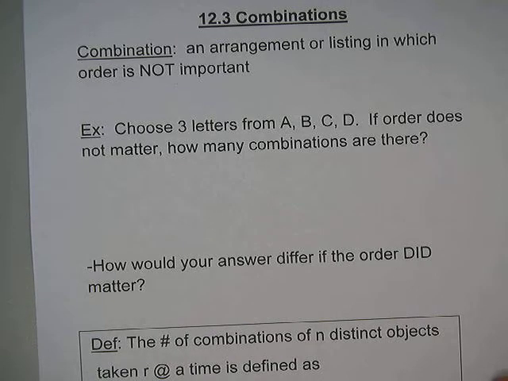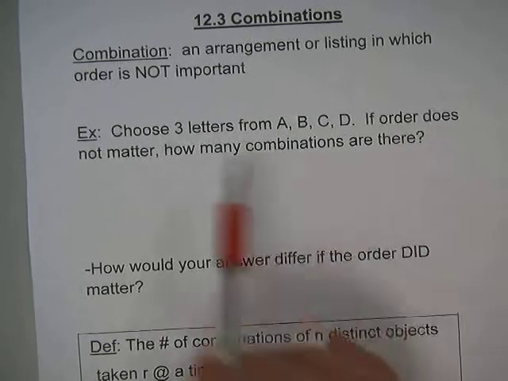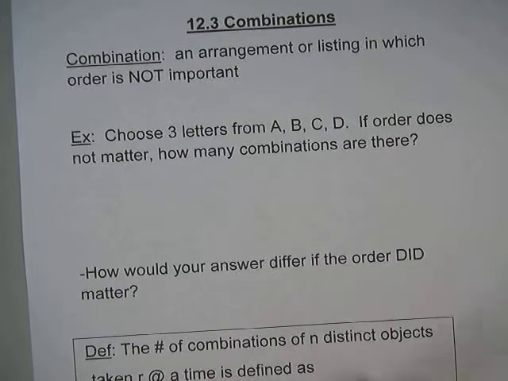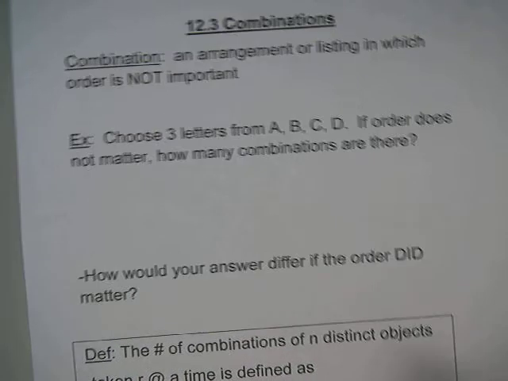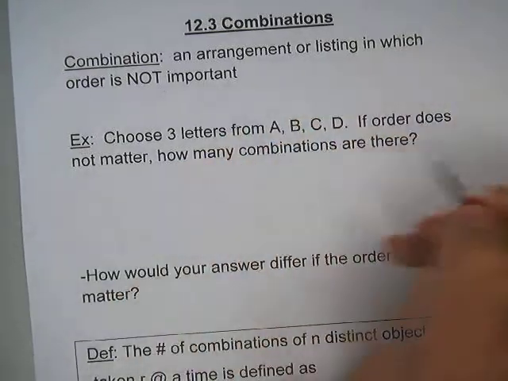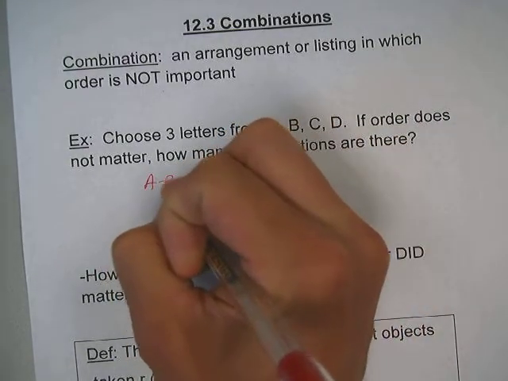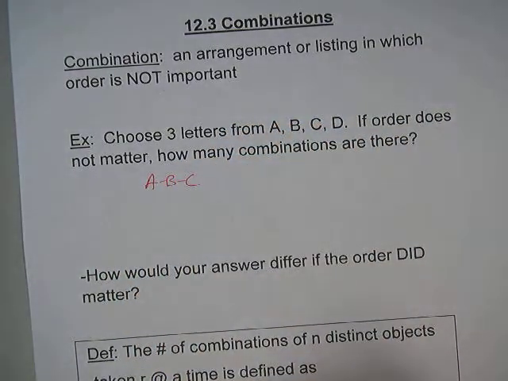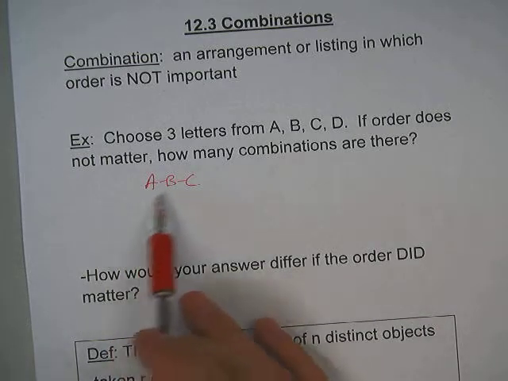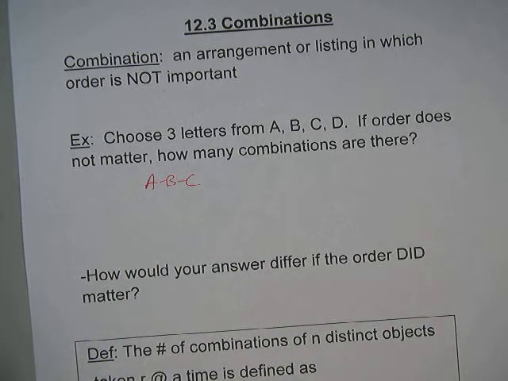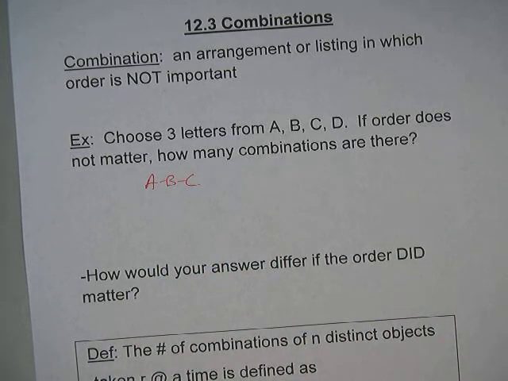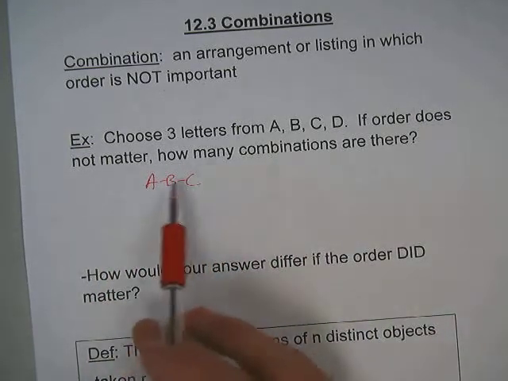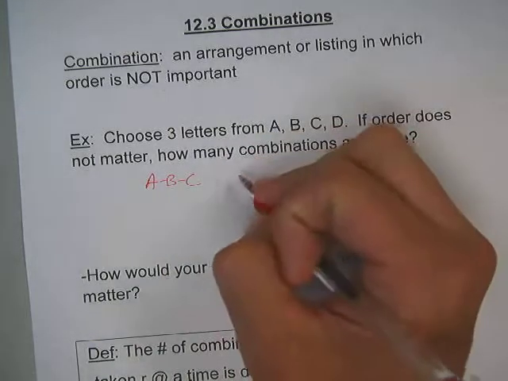So let's do an example here, just to demonstrate what I'm referring to. It says, choose 3 letters from A, B, C, D. If order does not matter, how many different combinations are there? Well, what that means is, if I were to choose 3 letters, let's say A, B, and C. Now, ABC, if order doesn't matter, means the same thing as CBA, means the same thing as BAC, means the same thing as BCA.